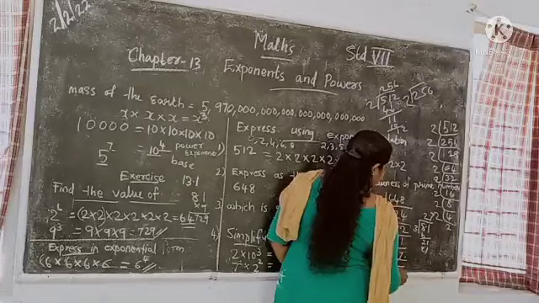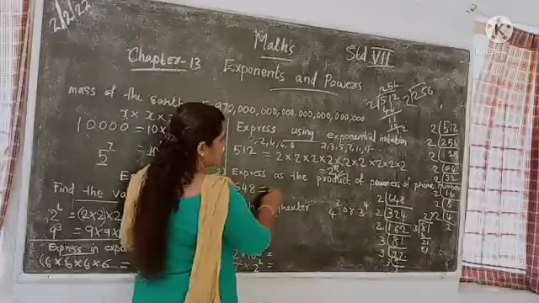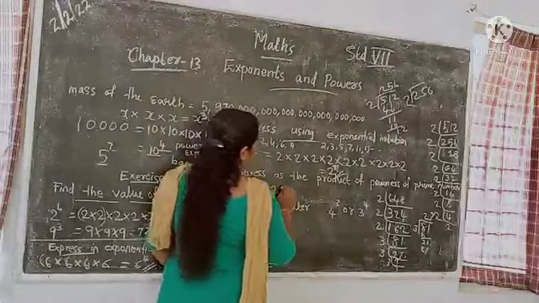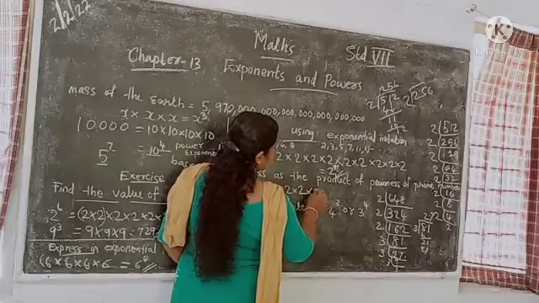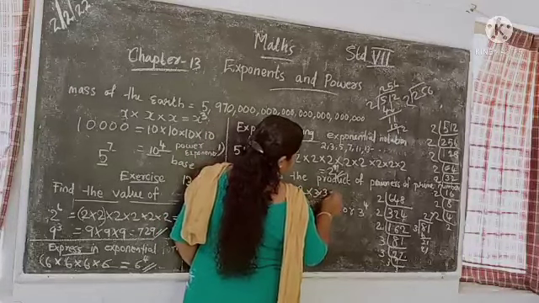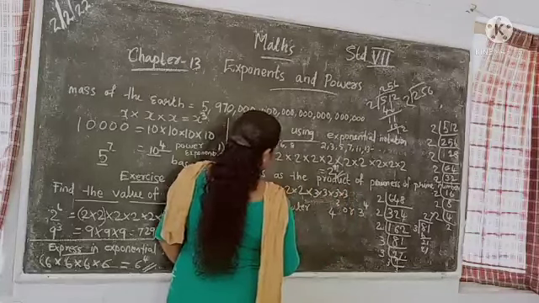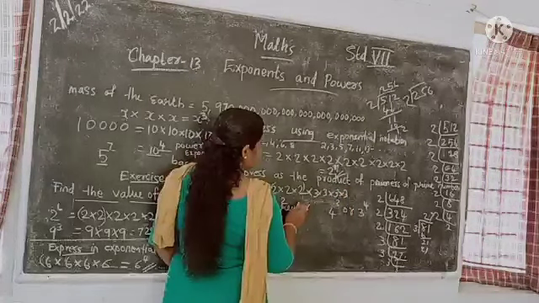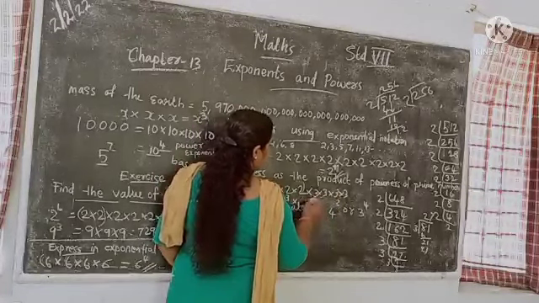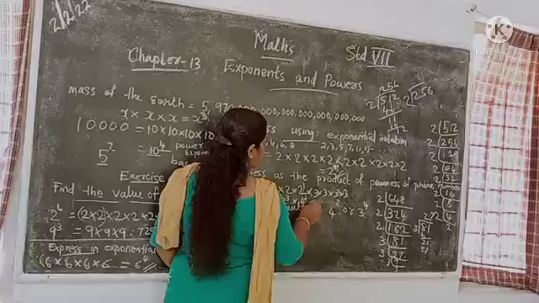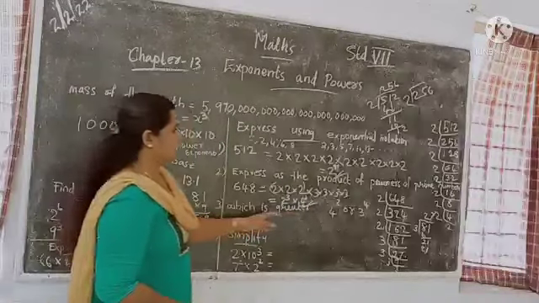Again 9 is divisible by 3. So the exponential form is 2 into 2 into 2 into 3 into 3 into 3 into 3. That is 2 raised to 3 into 3 raised to 4.